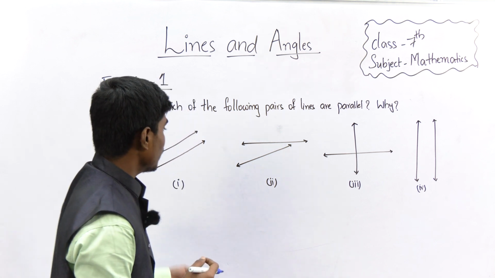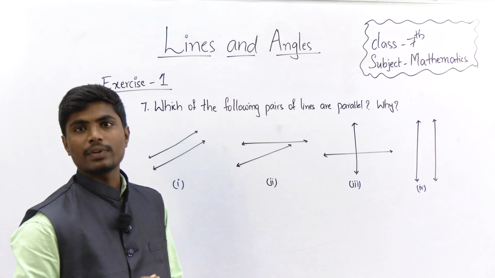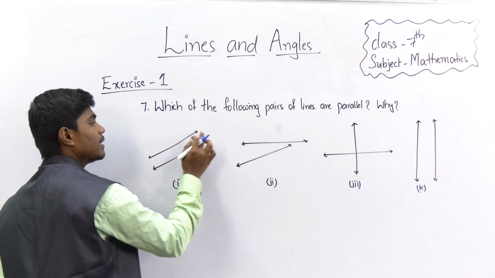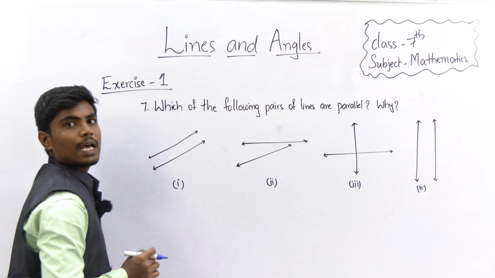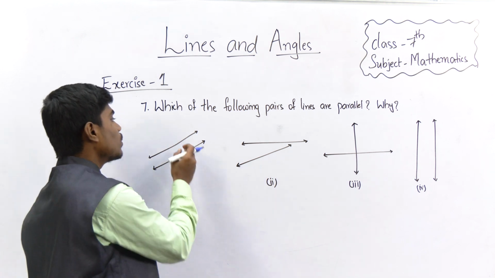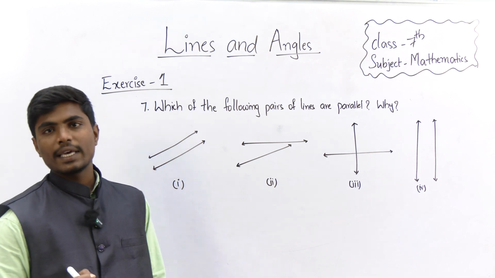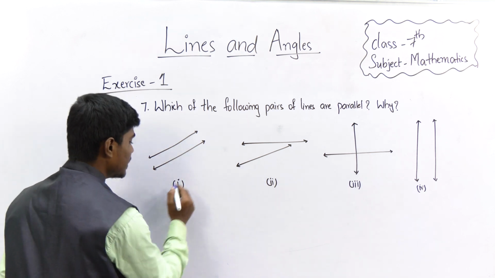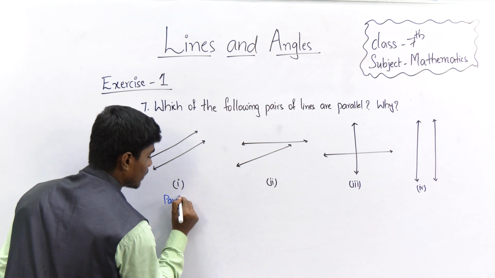Let's go for the first figure. These 2 lines have no common point, so they do not intersect each other. So this is a parallel line.